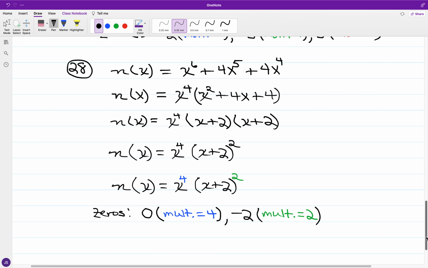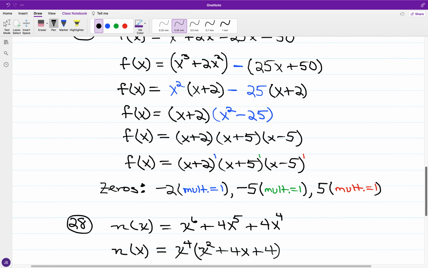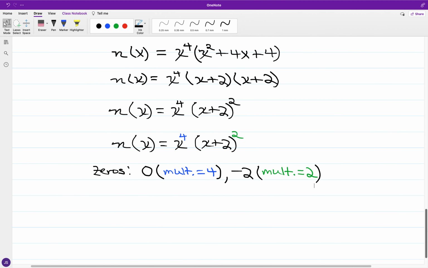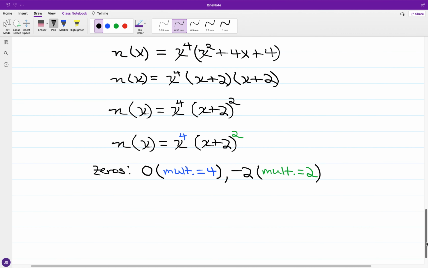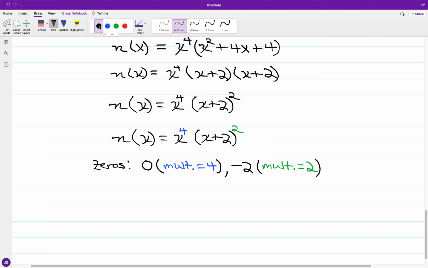Now, so again, both 23 and 28 are presented in the expanded form. Now, if I look at where we have a factored form already provided, and when the polynomial is given in factored form, chances are you'll be able to get to the zeros and their multiplicities more quickly.